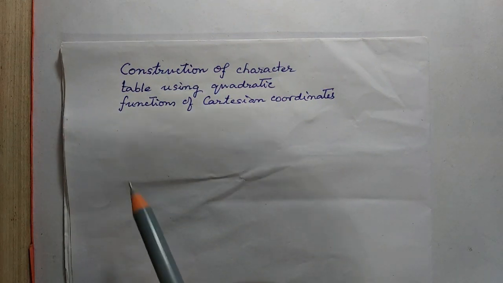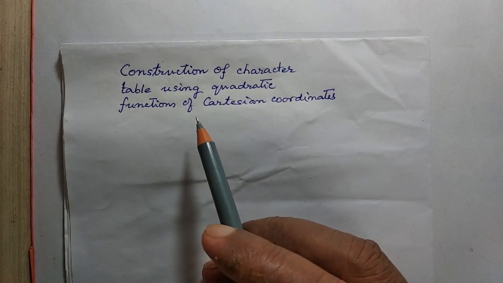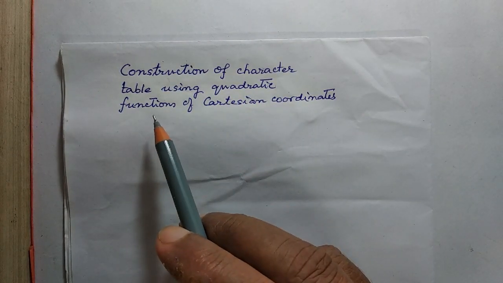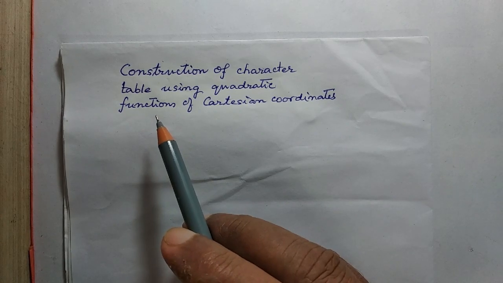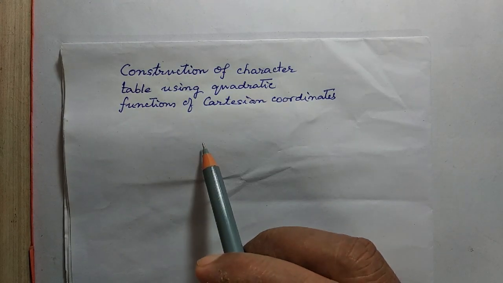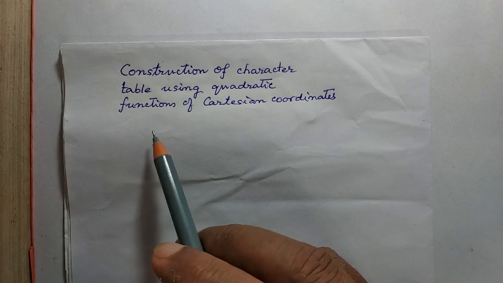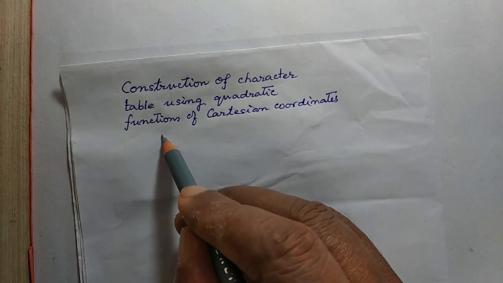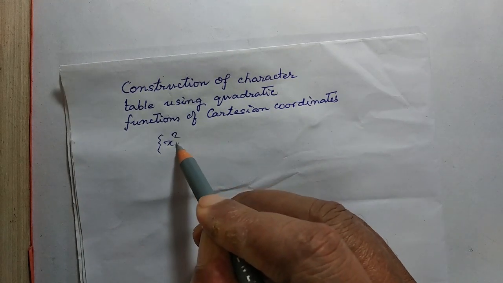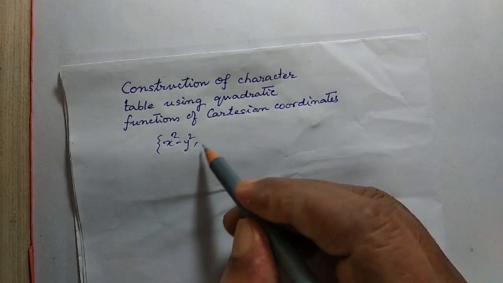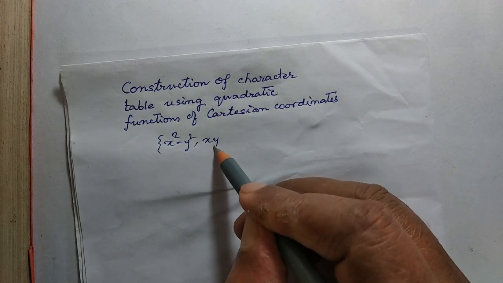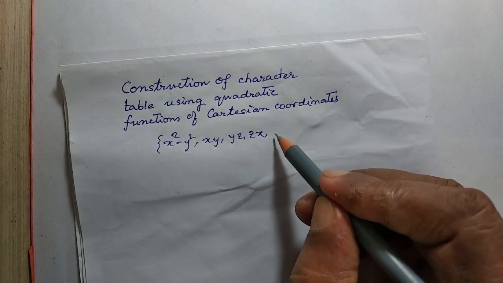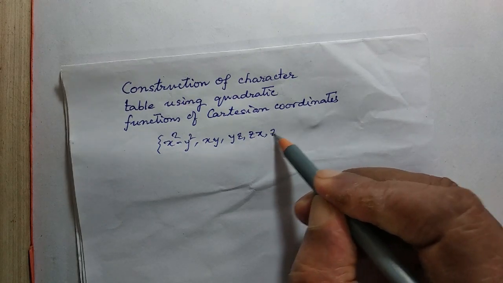Here I will discuss construction of character table using quadratic functions of Cartesian coordinates as basis. I will use the functions x square minus y square, xy, yz, zx, and z square.